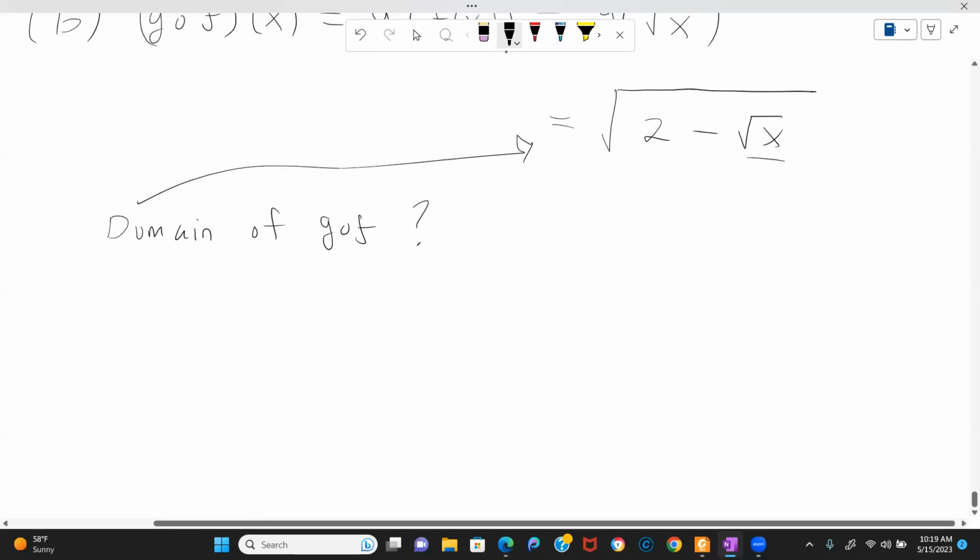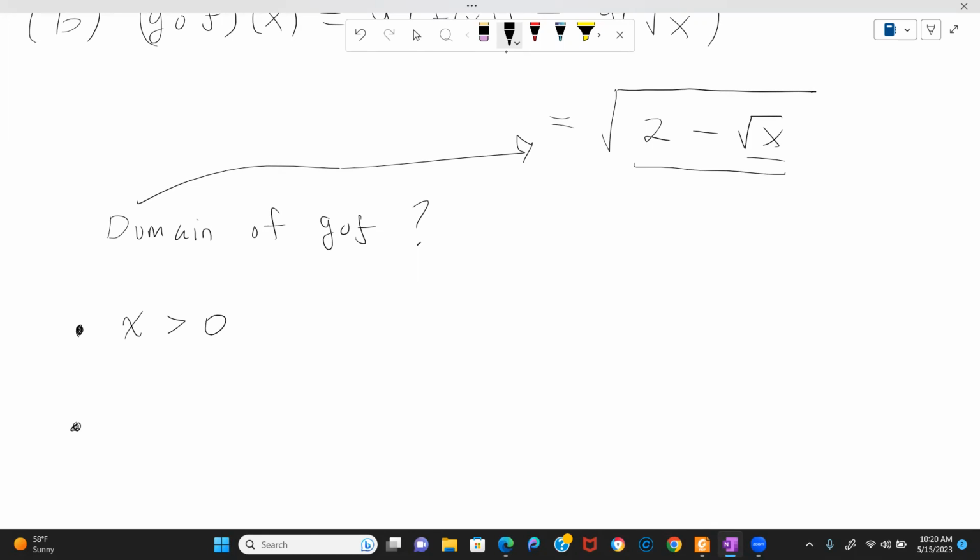We have the square root of x, so on the one hand, we need x greater than or equal to 0. But then we have 2 minus square root of x inside of the square root, so we need that whole thing to be greater than or equal to 0. That's pretty obvious. There's nothing to do to simplify this, so we just leave it that way.